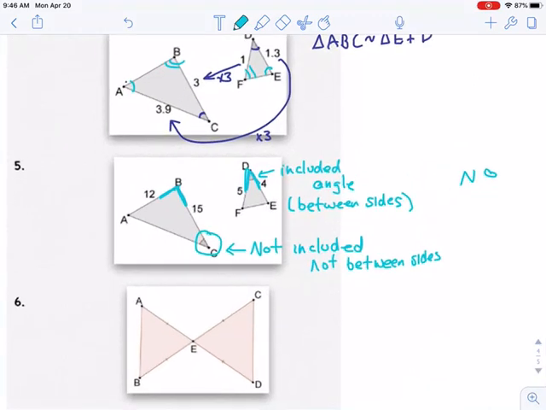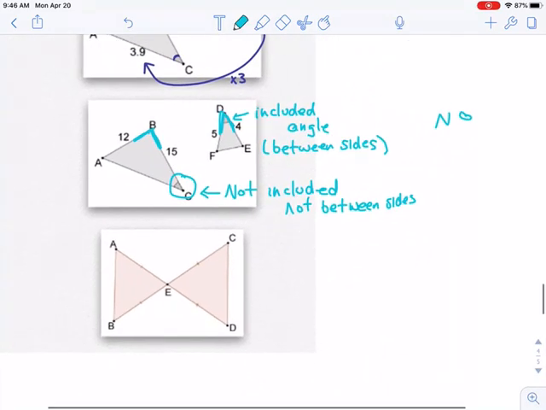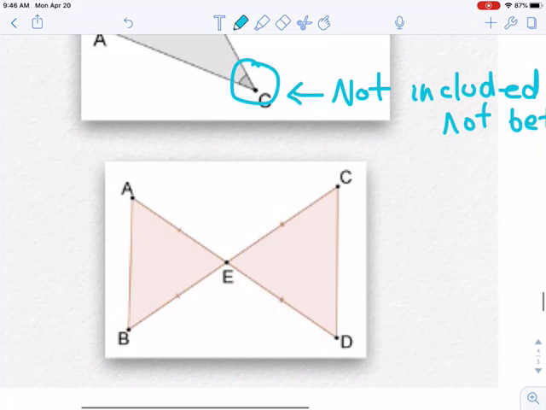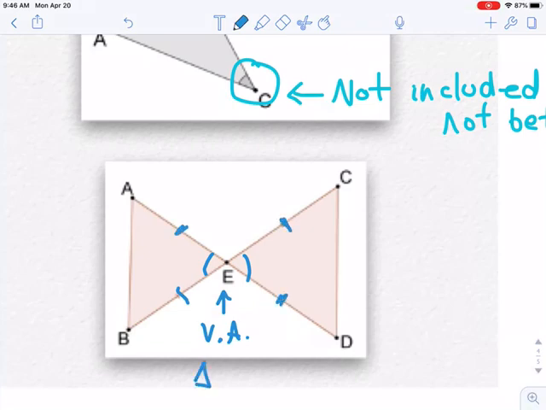All right. And then this last problem of the notes, look, we've got vertical angles. The vertical angles are congruent. And then look, these sides are actually congruent. These triangles, ABE and CDE, are actually congruent by SAS.